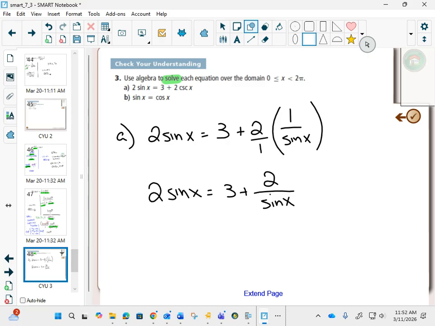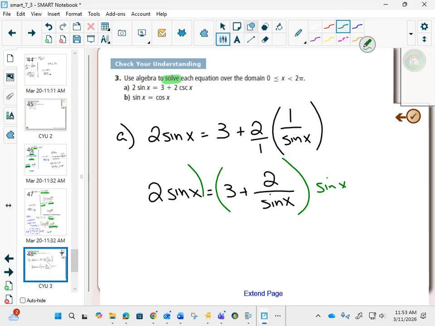And now solving this involves some skills from grade 11. How did you solve equations when you had fractions in grade 11? You got rid of that fraction. You didn't like that on the bottom. What could I do to get rid of the fraction on the bottom? I could multiply by sine x. But if I multiply this whole side by sine x, I need to multiply this whole side by sine x.